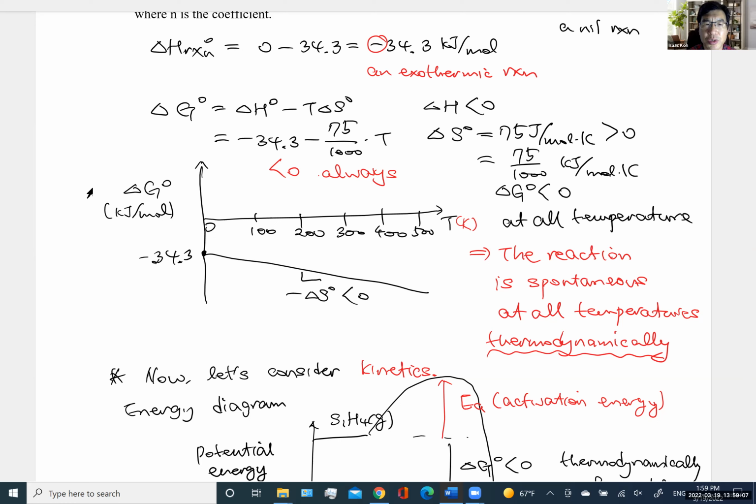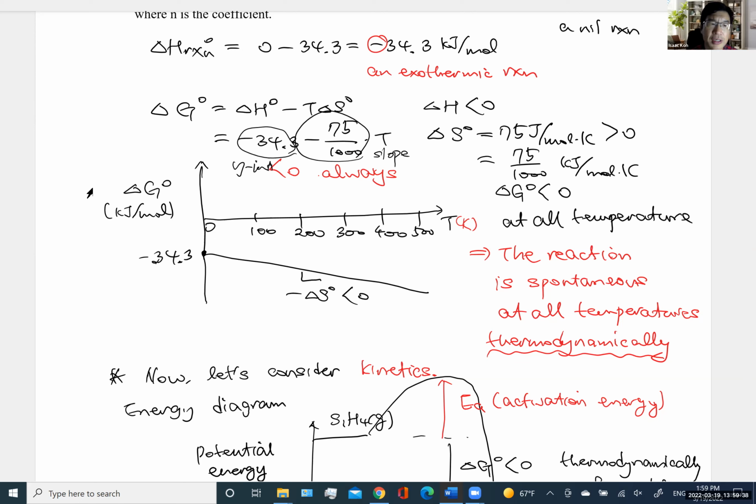Now let's plug this into the equation: negative 34.3 minus 75 over 1000 times T. Remember that temperature is an absolute temperature, always a positive value. So delta G is always negative. I drew the graph at the bottom here. Negative 34.3 is our y-intercept, and this is our slope.